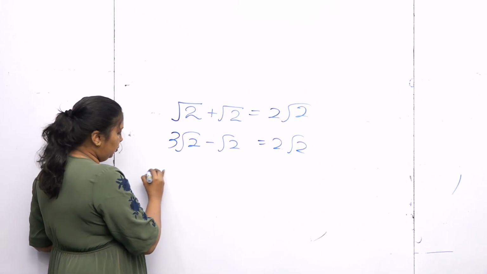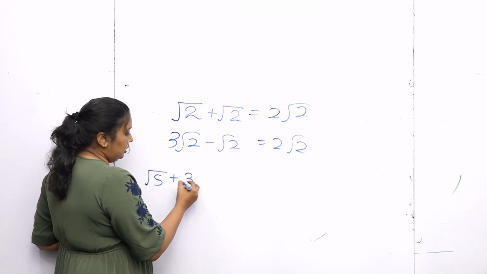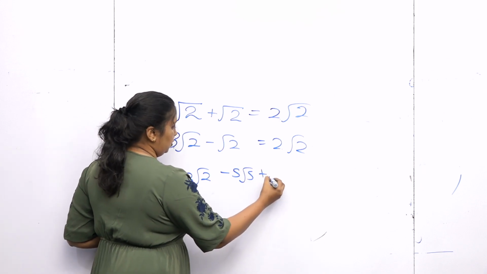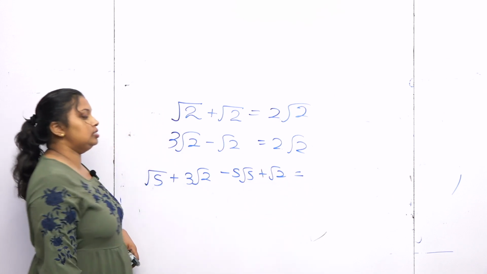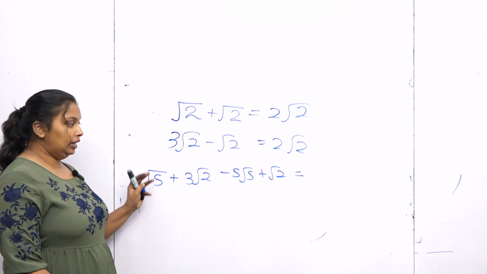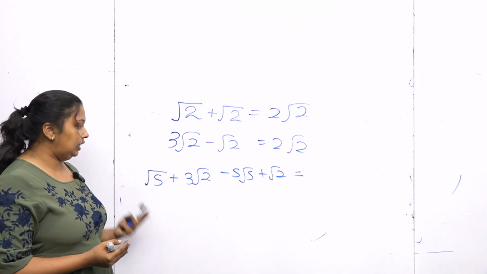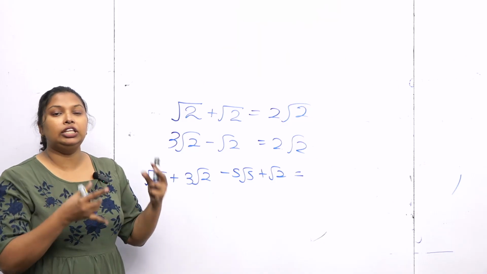Then you have root 5 plus 3 root 2 minus 5 root 5 plus root 2. How do we simplify this? Think of it as x and y, where we add only the like terms.